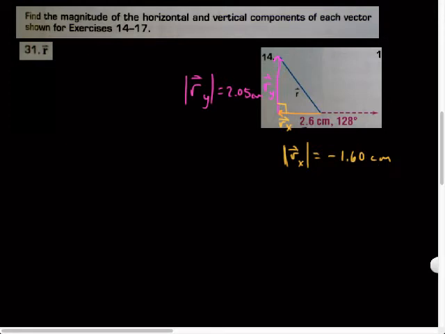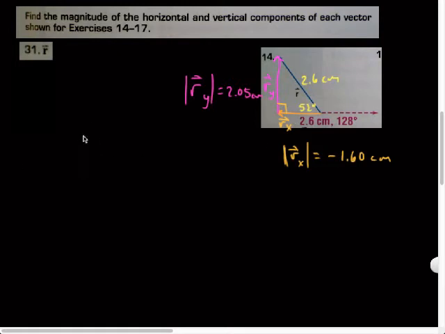Just to foreshadow what we're doing today, if this is 128 degrees, what's this angle? 180 minus 128, so 52 degrees. And if this is 2.6 centimeters, I could find Ry and Rx using sine and cosine.